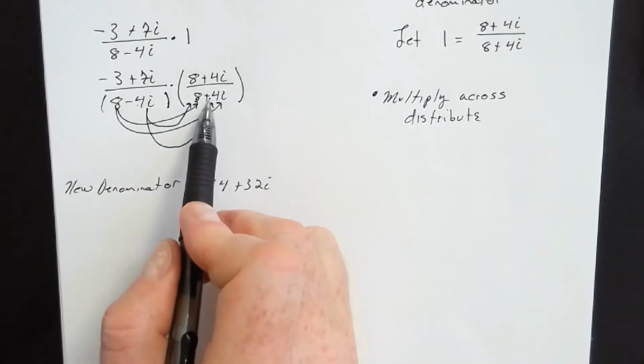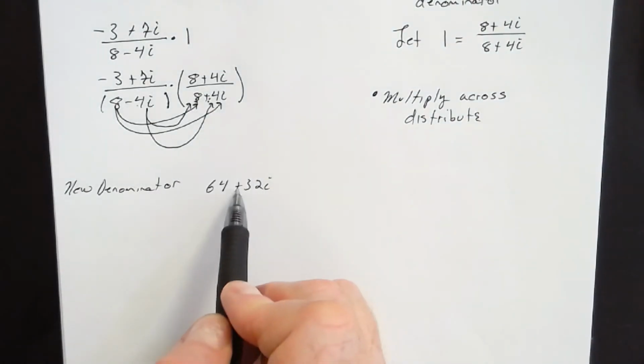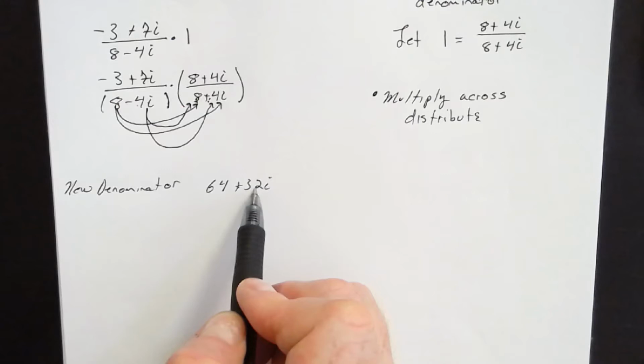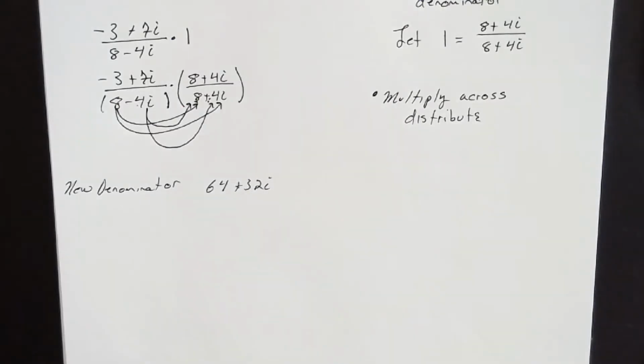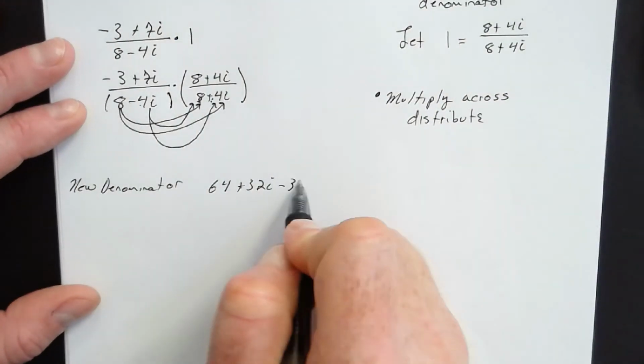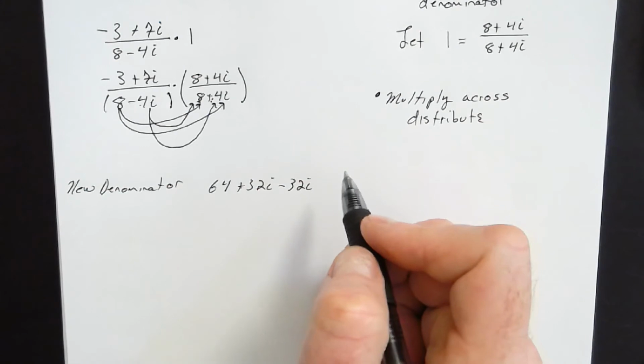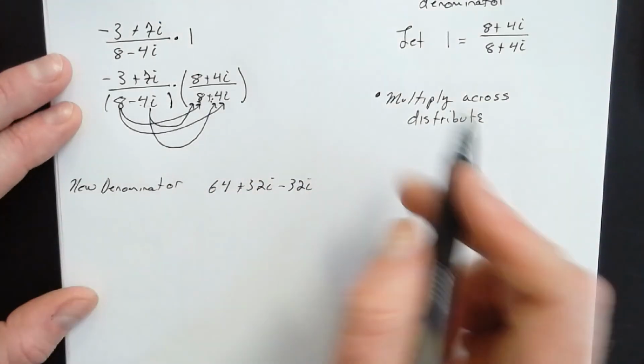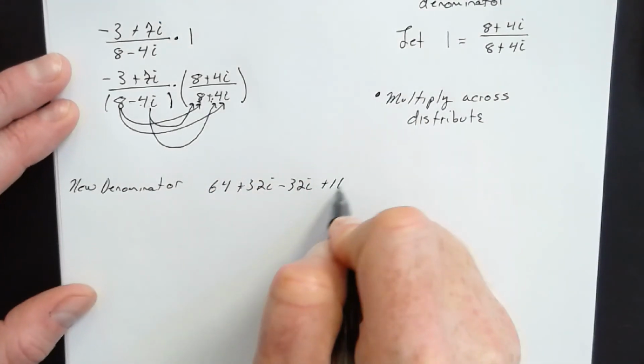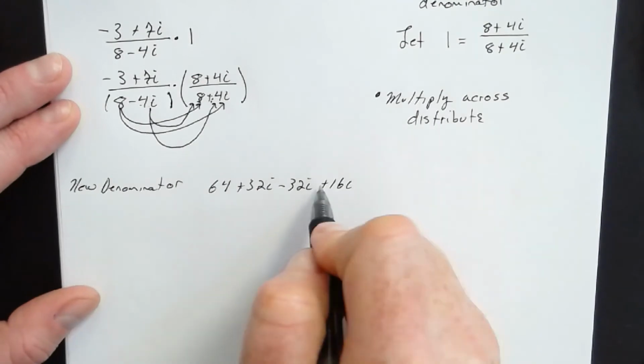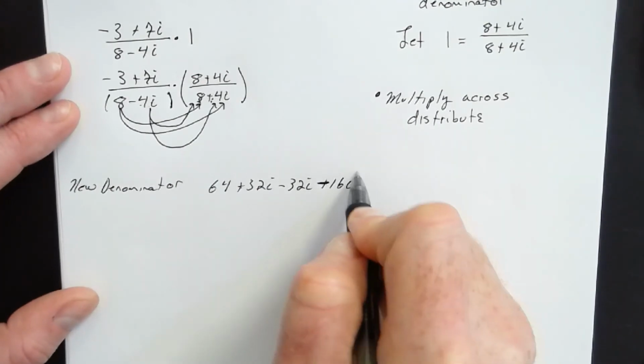Notice if we used the same sign, we would have had a minus 32i here and a minus 32i, which would have been minus 64i. They would not have canceled. This is how they cancel, because of the different sign. And then plus 16i squared, minus 16i squared. Multiply that by negative 1.